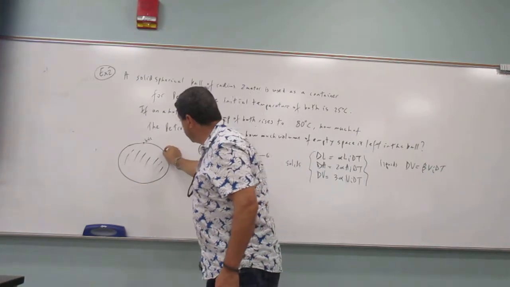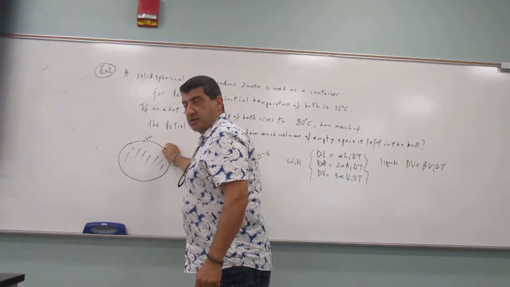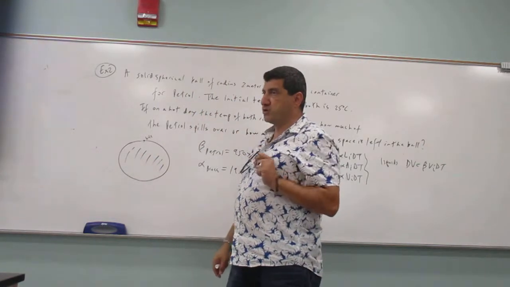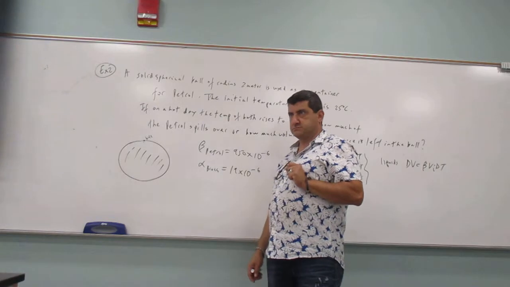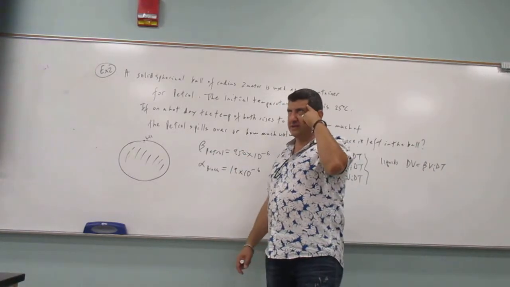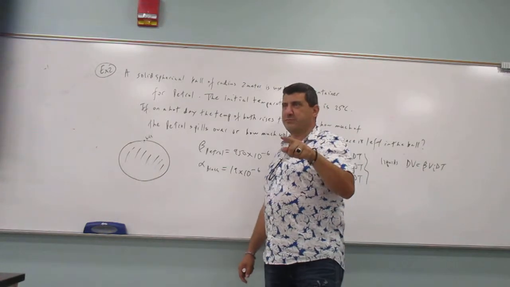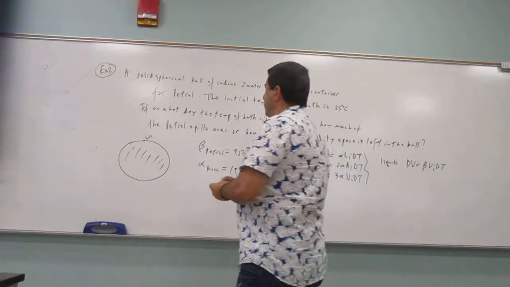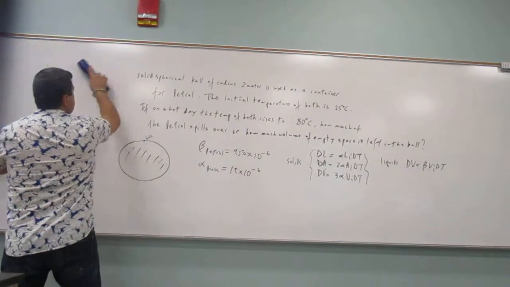Its thickness of the cylinder, the thickness of the sphere is minimal, right? So we should use the area. I mean, it's not a solid. It's not a solid sphere. Yeah. So at first it fakes you. You may think you should use the volume. See? So I think we should use the area.